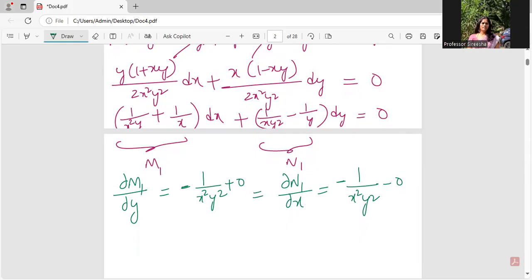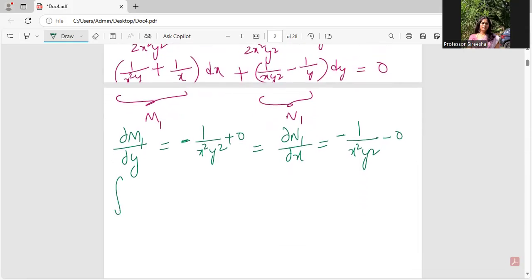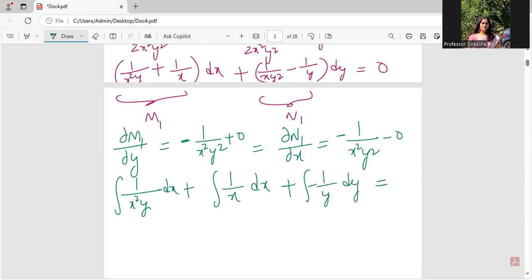Right? Next what I will do, just see here. I'll directly write the answer. Integral 1 by x square y dx plus integral 1 by x dx plus, coming to the second term, the N part should be independent of x. There's only one such term, that's minus 1 by y dy. This is equal to 0.